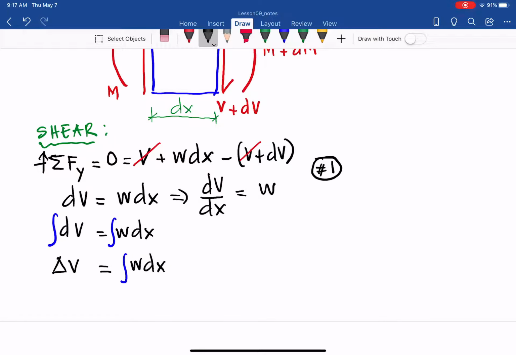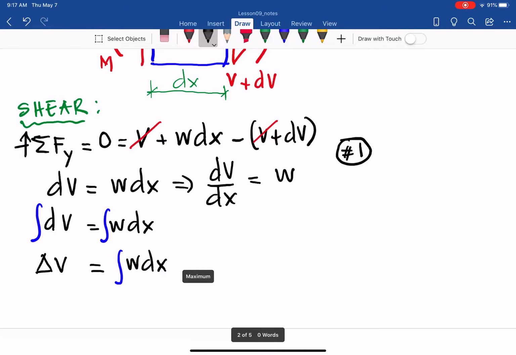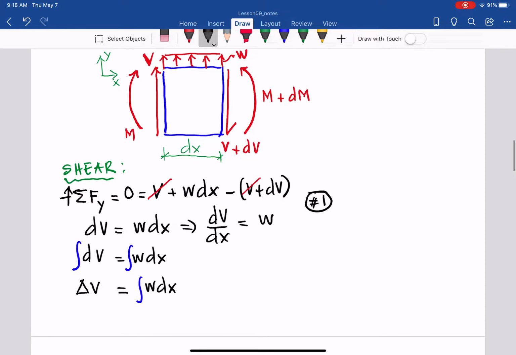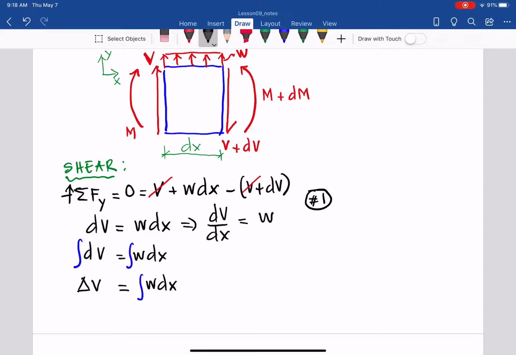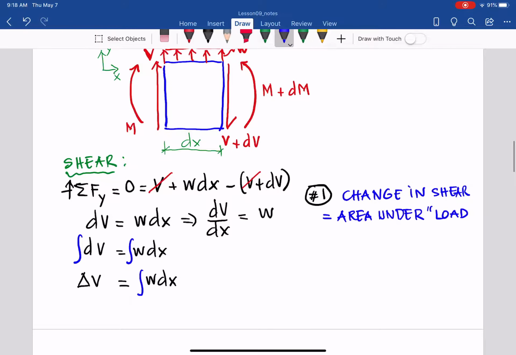From delta V equal to the integral of w dx, if you already know the integral of w dx, it will be the area under the load curve, regardless of how the load is distributed. So the note is: the change in shear is equal to the area under the load curve.